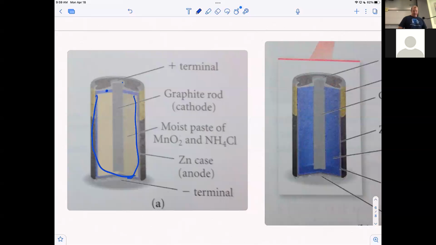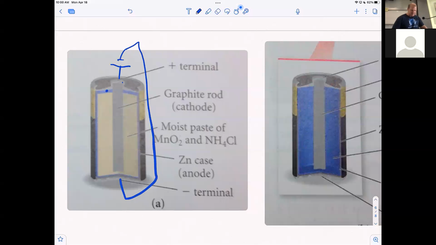So this is the positive end, and this is the negative end of the battery. When you connect it up to a circuit, we say that the current flows this direction.